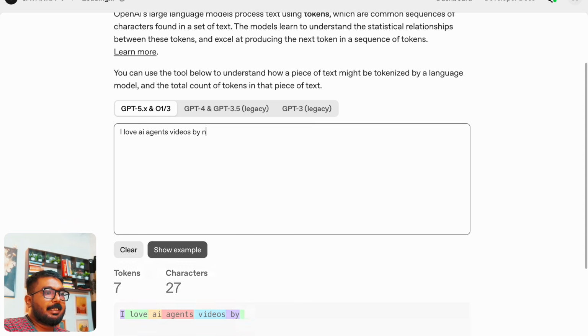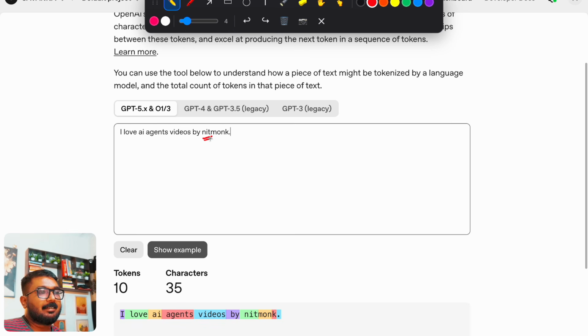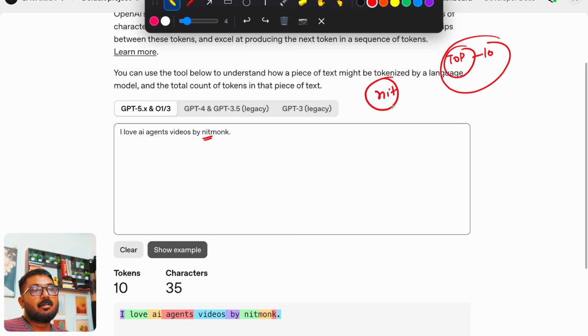See how it's trying to make NIT a different token, because NIT is from my college where I graduated. It's one of India's topmost colleges, top 10 in India. And monk is a noun, to represent a monk. So it takes NIT and monk as two different words. It even tries to differentiate mon and k.